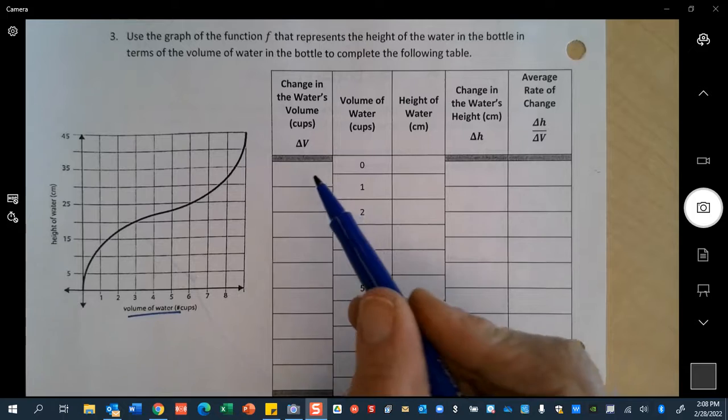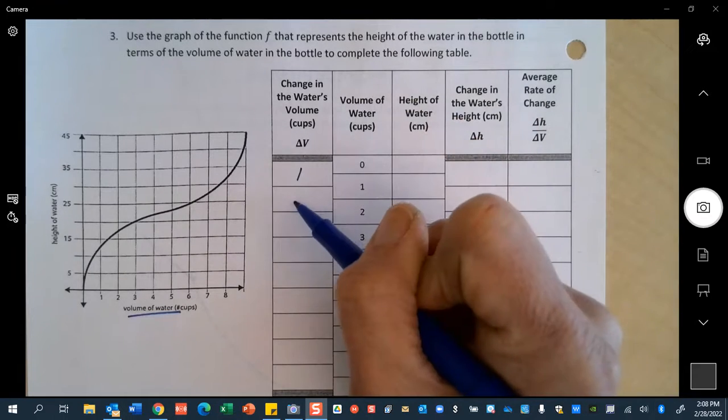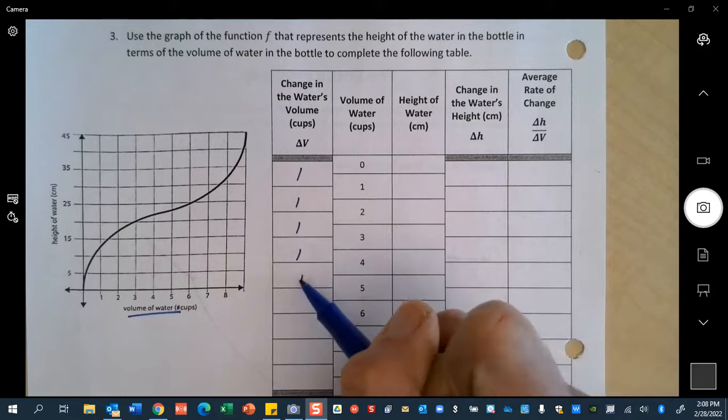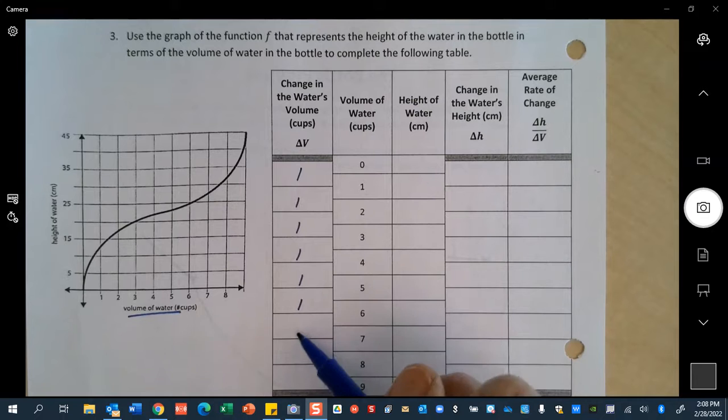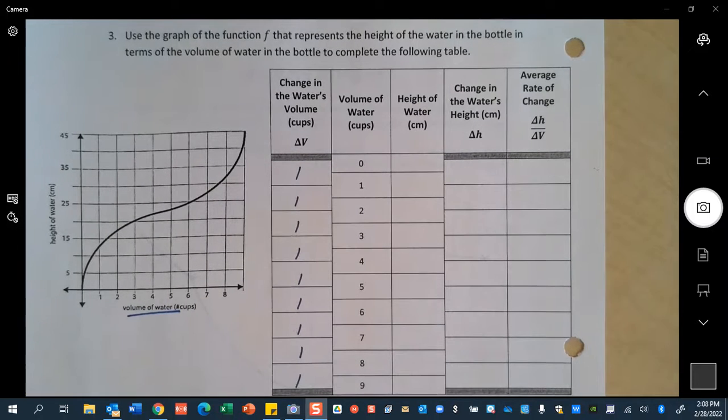So because the change in my volume is steady, this is what shows us that my bottle is being filled up at a constant rate. At each iteration, I'm adding the change in my volume is 1 cup.